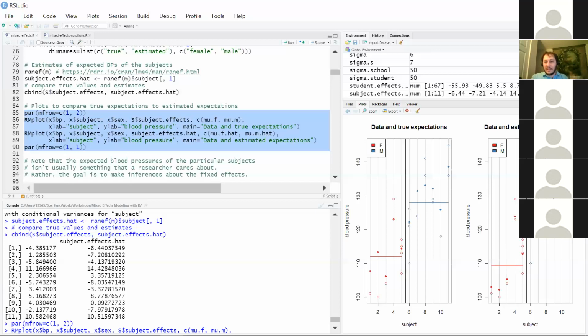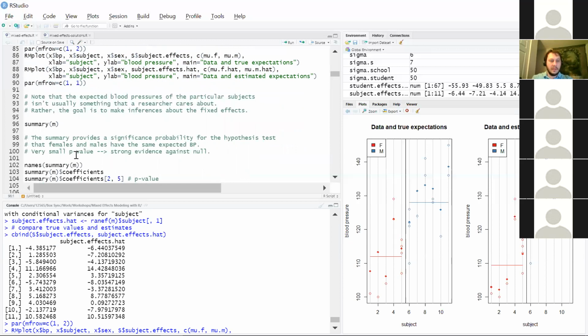So I'm emphasizing these random effects estimates more than you would in practice, because thinking through these random effects is part of understanding the data generating mechanism that we have in mind when we're doing mixed effects modeling. And since I'm simulating the data, we can compare the estimates to the true values, and it's a neat way of assessing how well our model fitting is working.